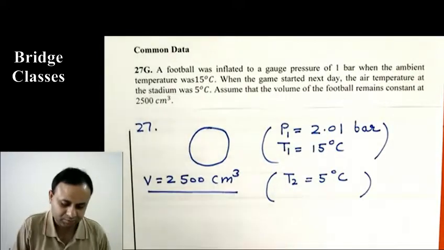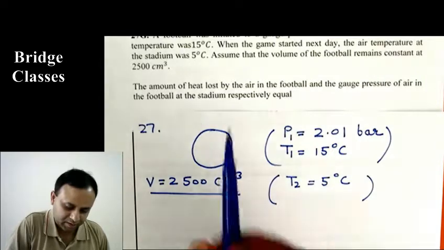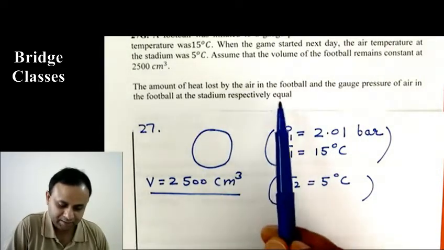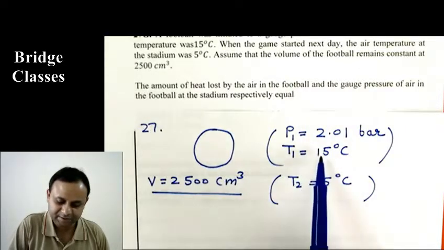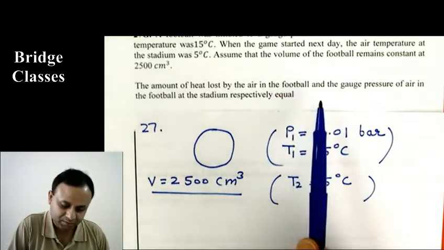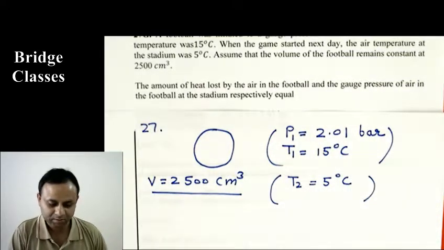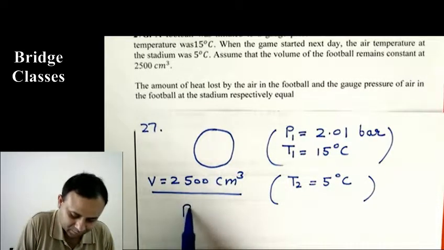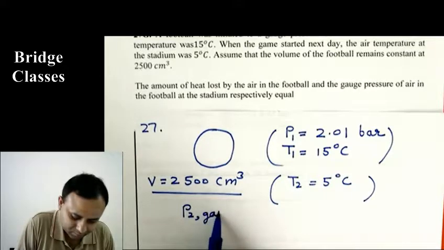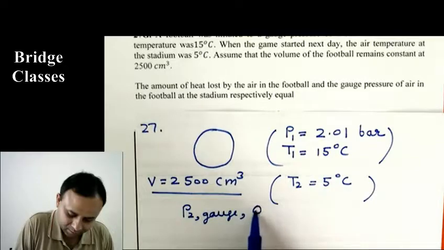Now we have to determine the amount of heat lost by the air in the football, because its temperature changed from 15 to 5, and the gauge pressure of air in the football at the stadium. So we have to find its final pressure, P2 gauge, and the amount of heat lost by the air, Q.